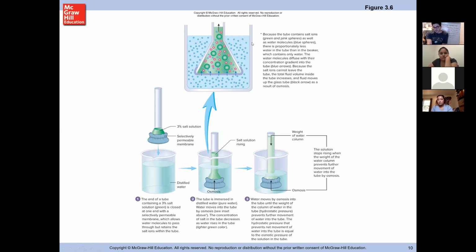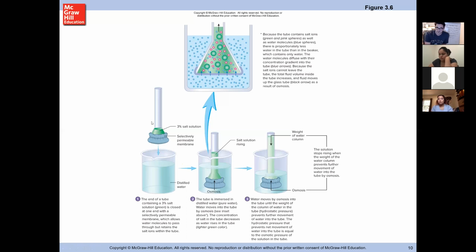So over time, we can see water will move into this beaker, increasing the volume of our salt solution and thereby diluting the concentration of salt within that beaker. When we talk about diluting something, we're making the concentration of whatever salt we have dissolved here, relative to the surrounding solution, less.